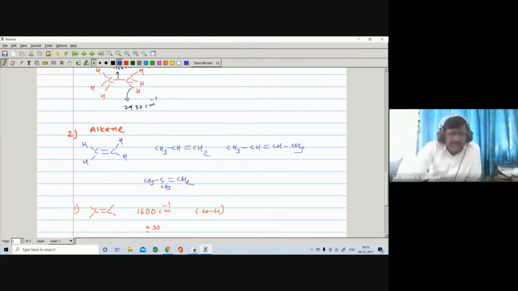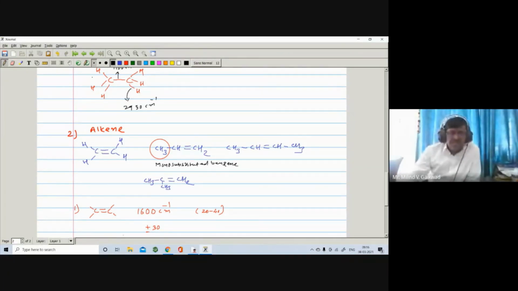Take the second example, propene. In propene, only one R group is directly attached to the doubly bonded carbon atom. So it is a monosubstituted alkene.